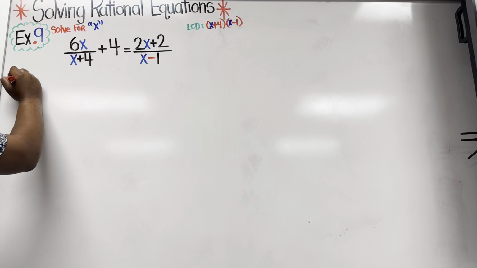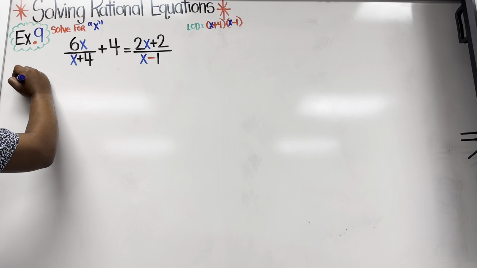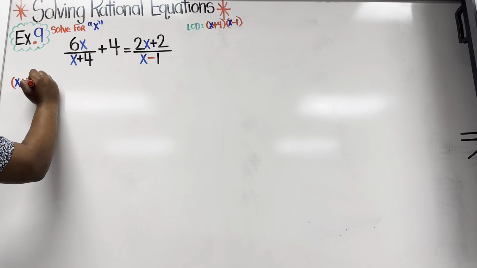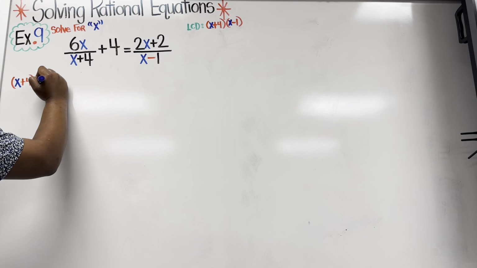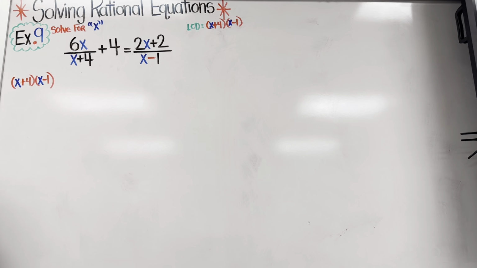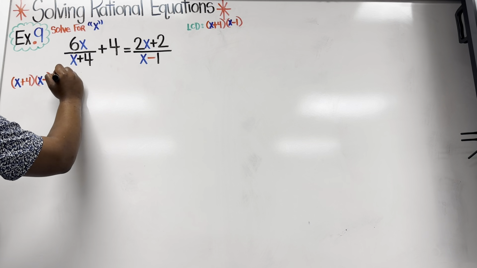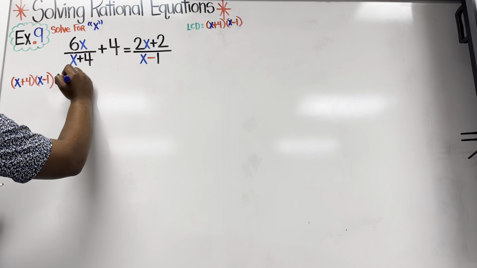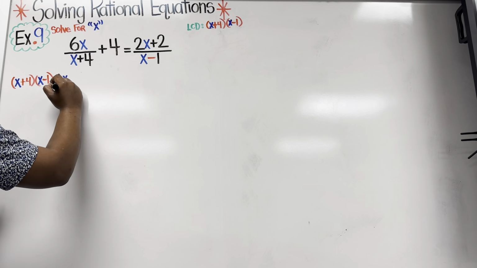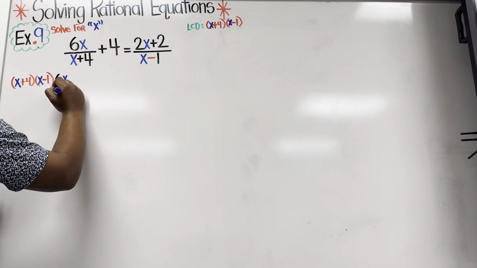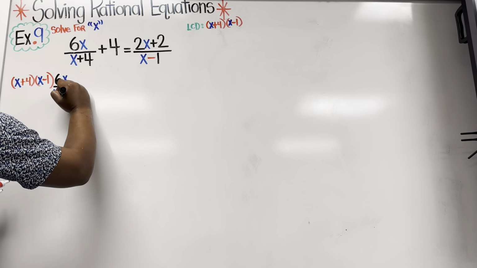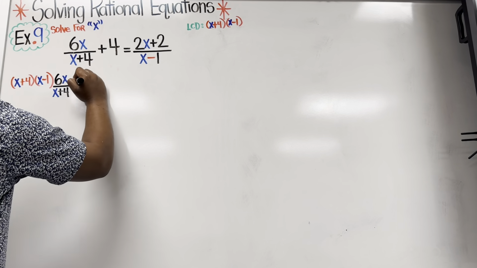So I'm going to have the LCD, parentheses x plus 4 times parentheses x minus 1, times this expression, which is 6x over x plus 4, plus the same thing.